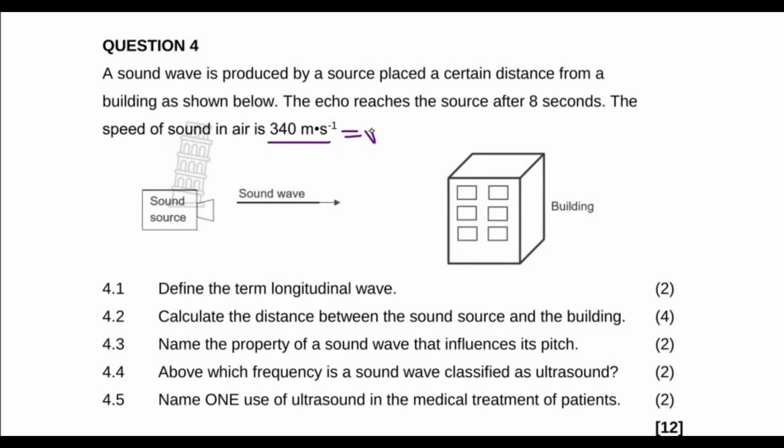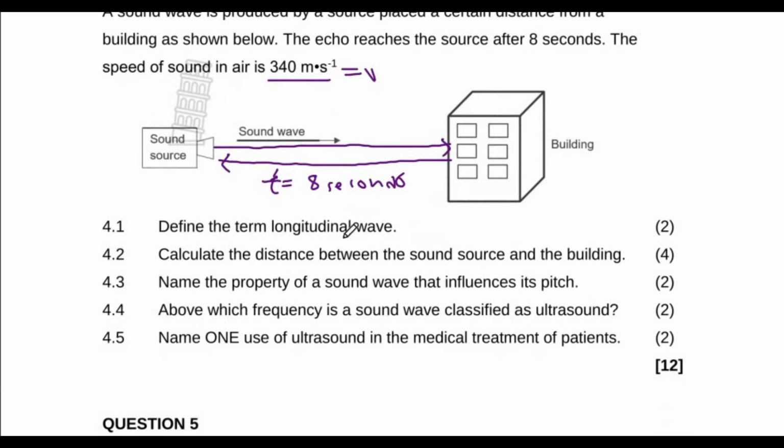A source makes a sound. That sound travels, goes to the building, is reflected off the building, meaning it comes back, and then it reaches the source after how long? The time is going to be 8 seconds.